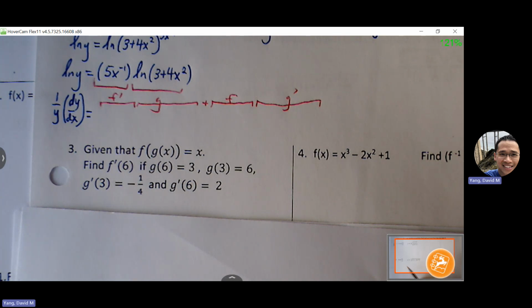So 6, 6, and 6. So these will be the same here.